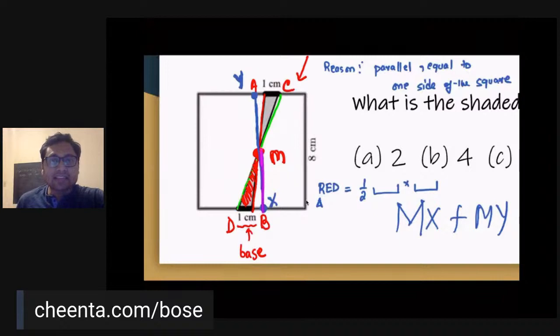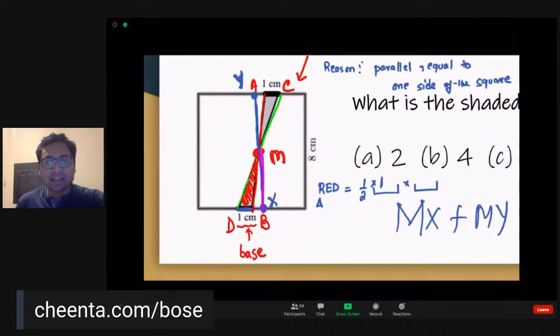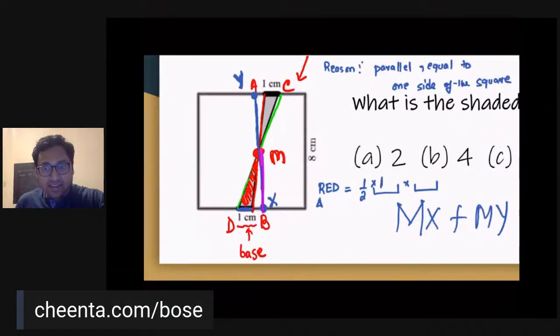Okay, I see that it's not DX, Deepak. Deepak is almost correct. This is the base. So what is the base? The base is 1. And the height is what? Can anyone tell me what is the height? Avineet is correct.